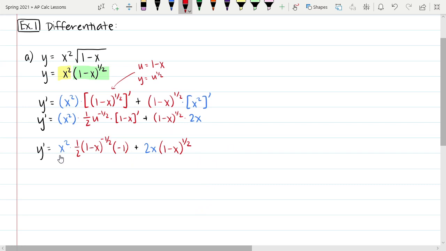In that first term, I'm going to combine some stuff. I can multiply the 1/2 and the negative 1, and then move that negative 1/2 in front of the x squared because it's a coefficient. So finally, I'm going to write this answer as negative 1/2 x squared times (1 minus x) to the negative 1/2 plus 2x times (1 minus x) to the 1/2.